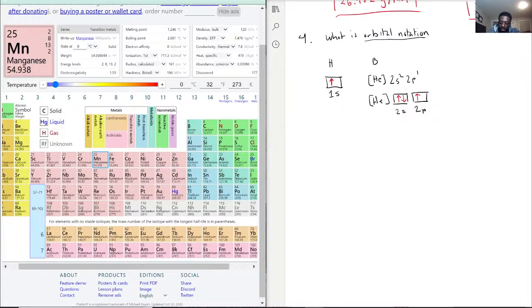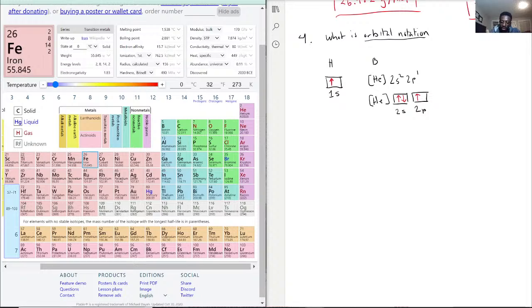So with that being said, chromium starts with argon. Let me just write it here. Usually I put the electron configuration first because it helps me orient myself.